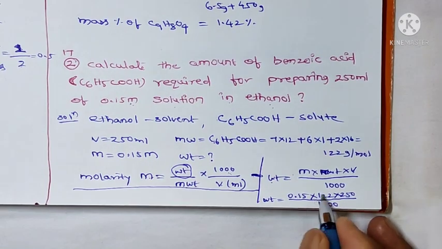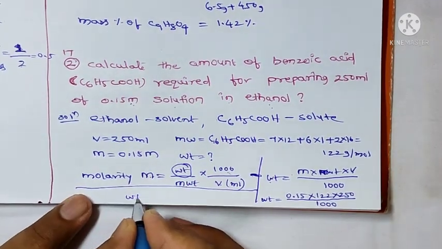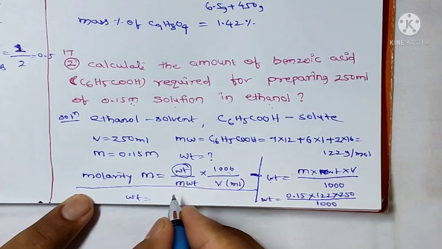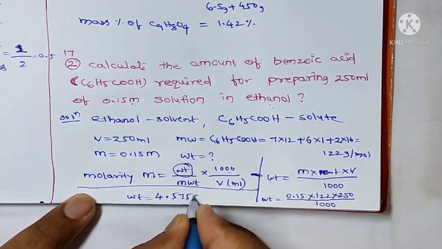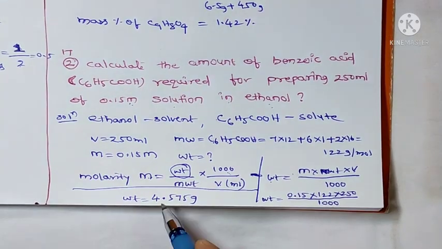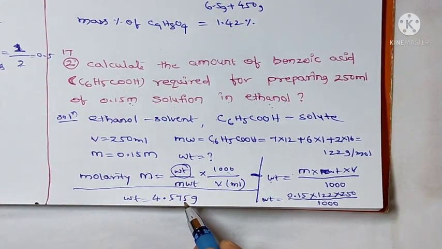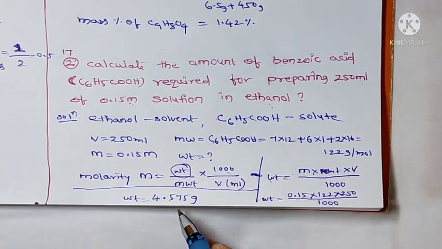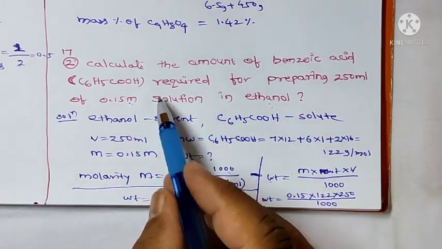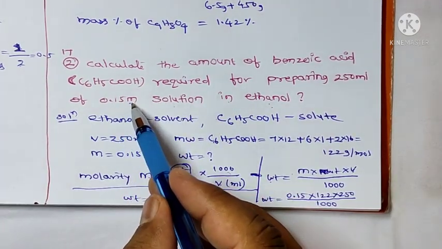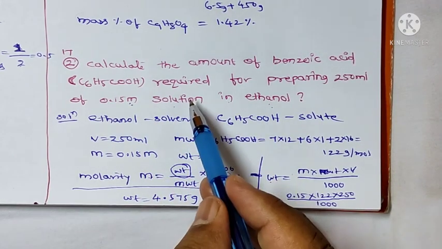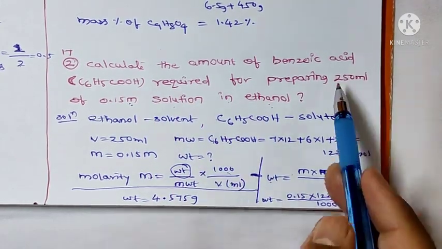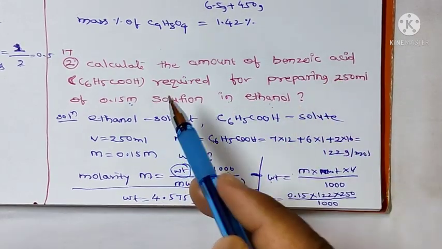If you do this calculation, we get the weight is equal to 4.575 grams. So 4.575 grams of benzoic acid is required for preparing 250 ml of 0.15 molar solution.